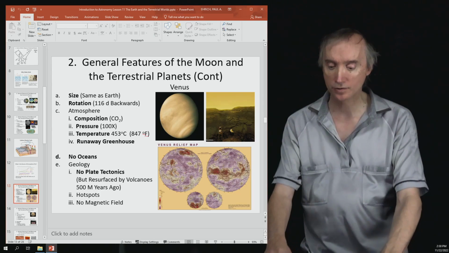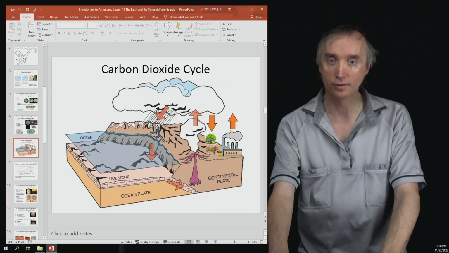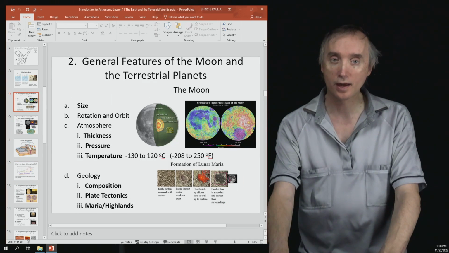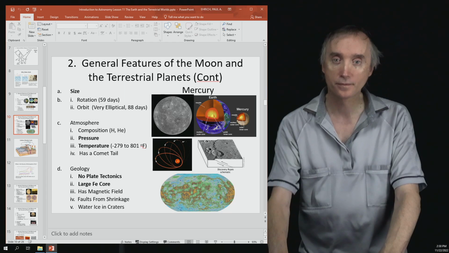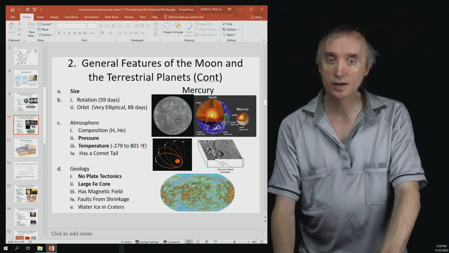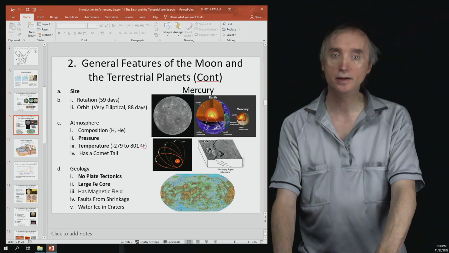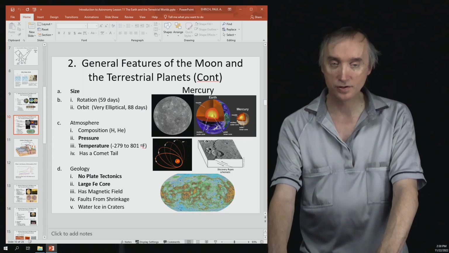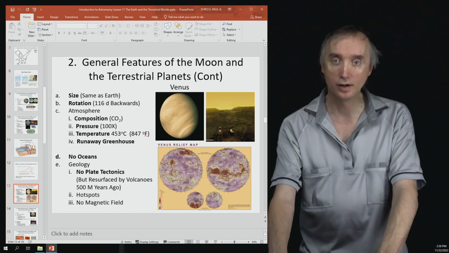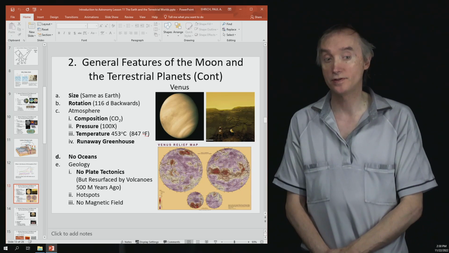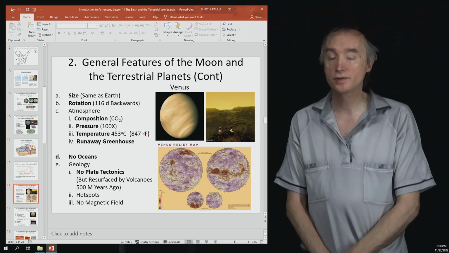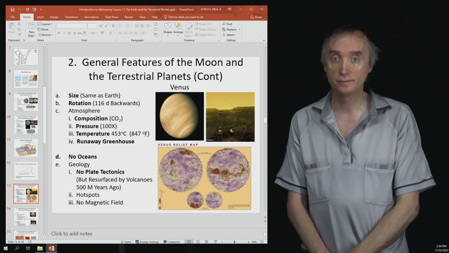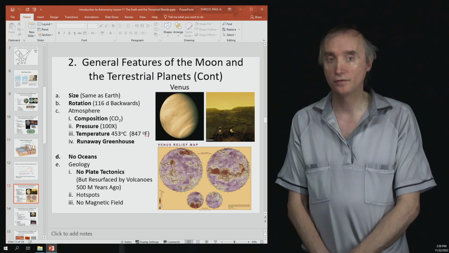So let's go back to Mercury and look at its temperature. So the temperature at its hottest is 801 degrees Fahrenheit, but on Venus it's 847. So Venus is the hottest place in the solar system. It has a runaway greenhouse effect.